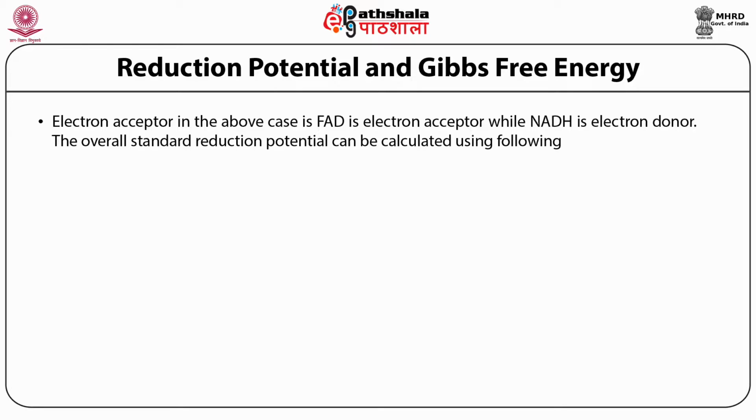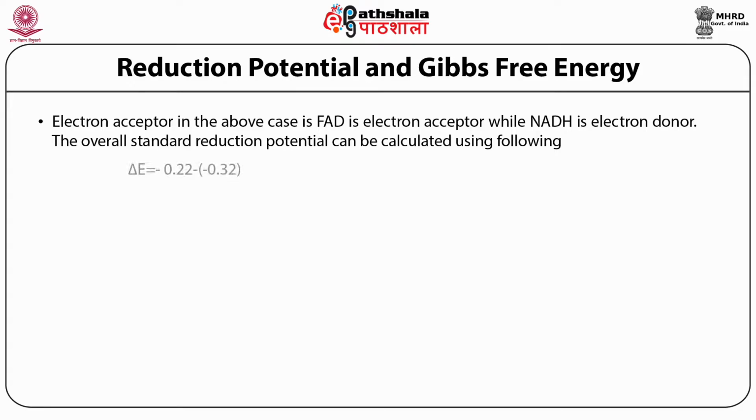The overall standard reduction potential can be calculated using the above formula, but you have to make sure that you are writing the reduction potential of the electron acceptor, but you have to write the oxidation potential of NADH, which can easily be achieved by reverting the sign of the reduction potential.